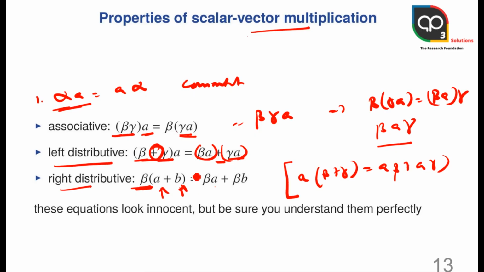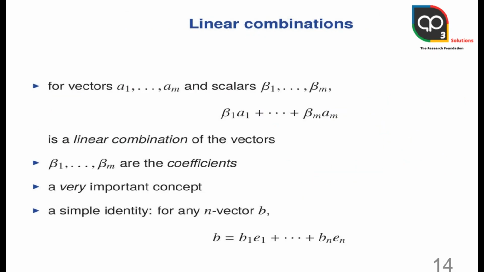In this equation, both plus symbols refer to the addition of vectors only. Here this is a vector addition, and this plus symbol also specifies addition of n-vectors. Dear friends, here I want to specify one thing: linear combination.